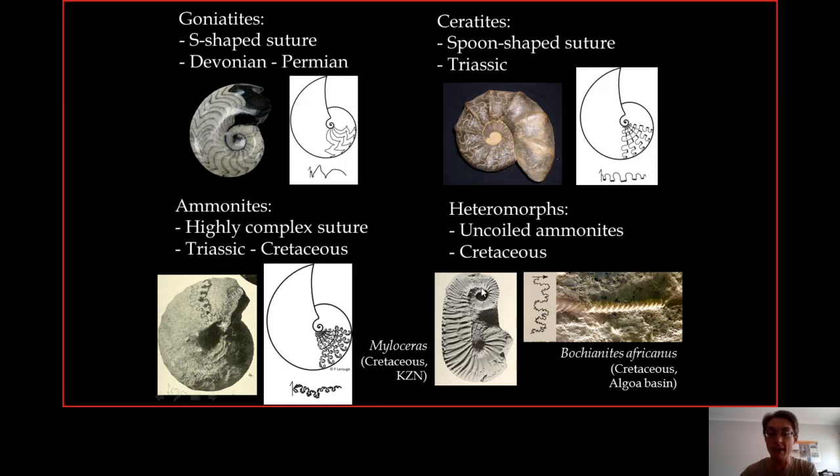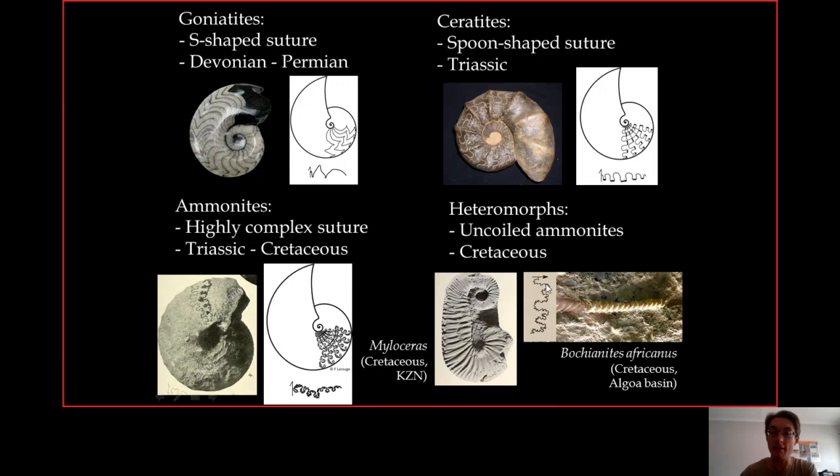So some of them look like, well, I'm not sure what this is supposed to look like, a saxophone. So they look like a trumpet, like this. So Miloceras from KwaZulu-Natal, and some of them, like Bochianites from the Algoa Basin, are completely straight.